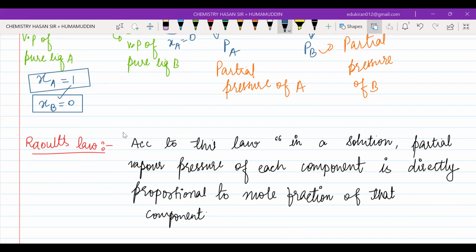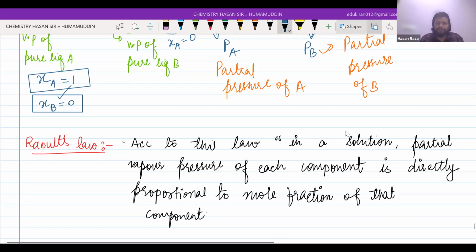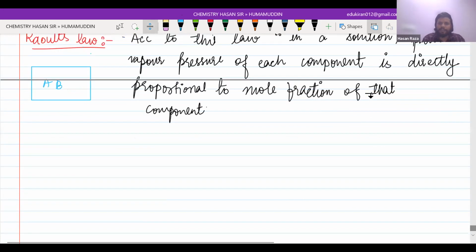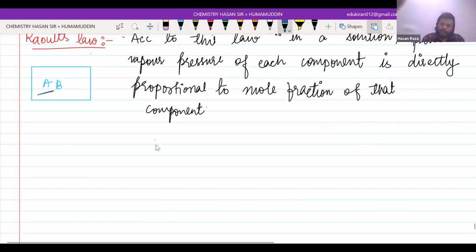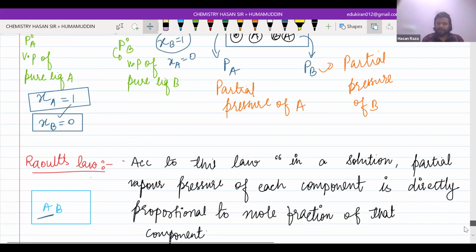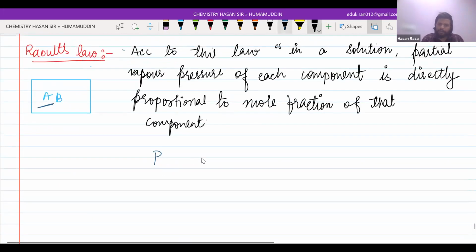Done, sir. Very good. So what does this Raoult's law say? There was a container of a solution in which A and B both are present. According to this law, the partial pressure of A, whatever component is present here, as I have taken A because A was in the container, so the partial vapor pressure of A is directly proportional to the mole fraction of A. Is that clear?